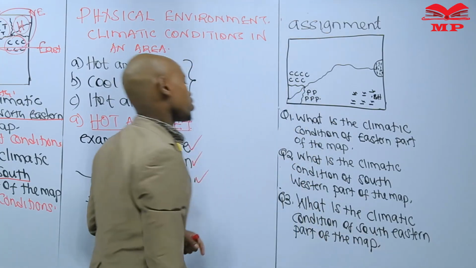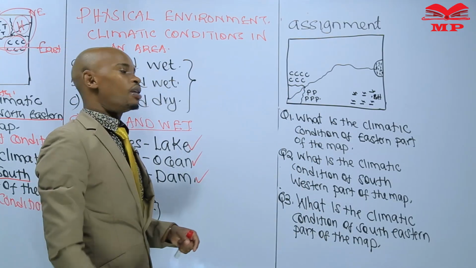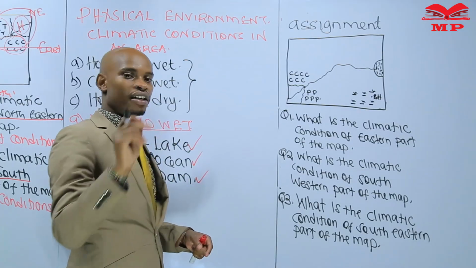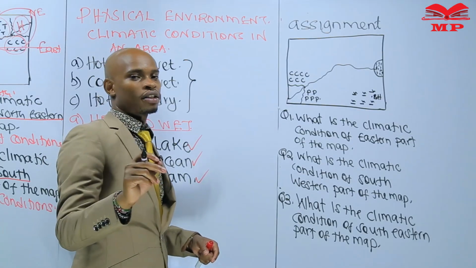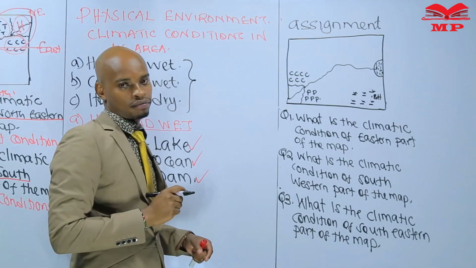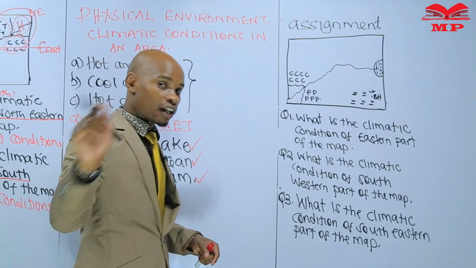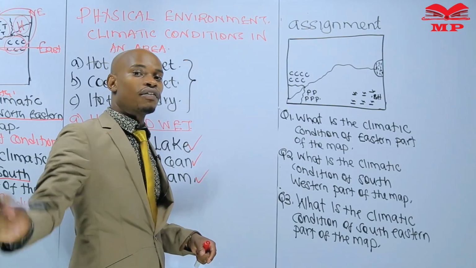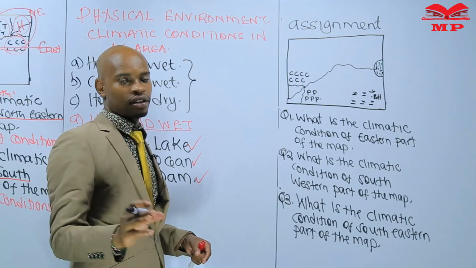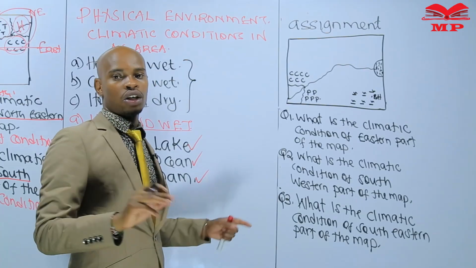These are enough questions for your practice. Please, it is simple. Identify the climatic condition by giving out evidence. It is only the evidence that will ascertain that that area receives that kind of climate without any doubt.